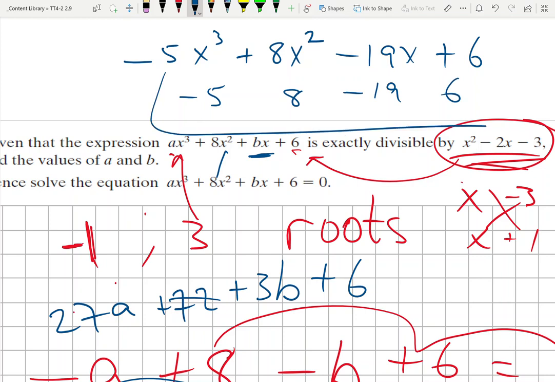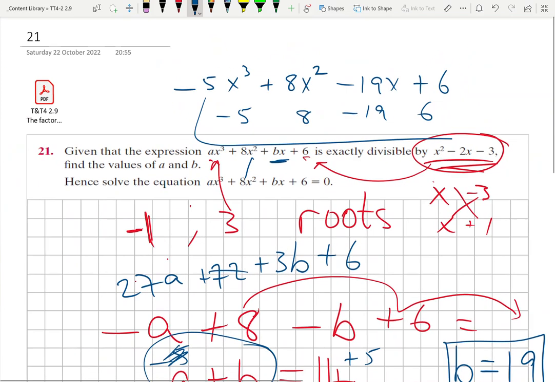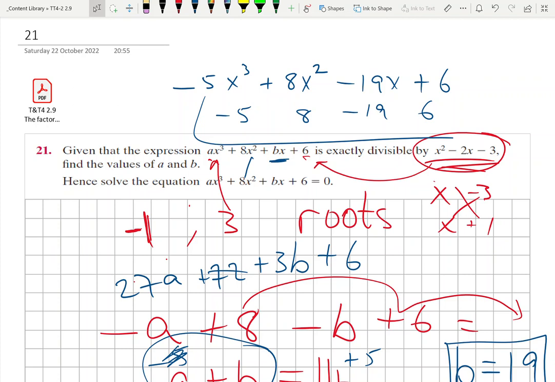Just check our synthetic division on the information that we have. We know 3 goes in. A bit messy, aren't I? -5 drops. 3 times -5 is -15.